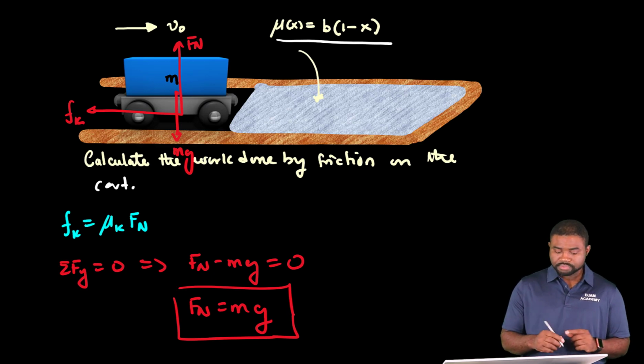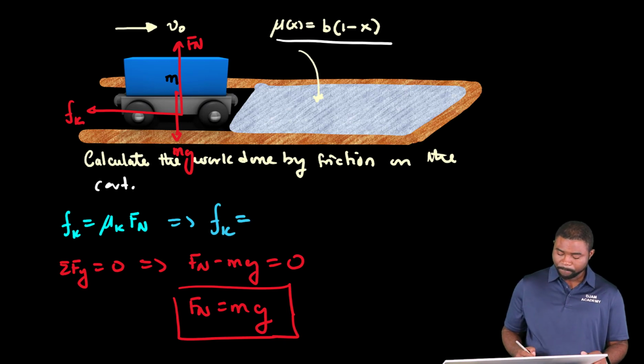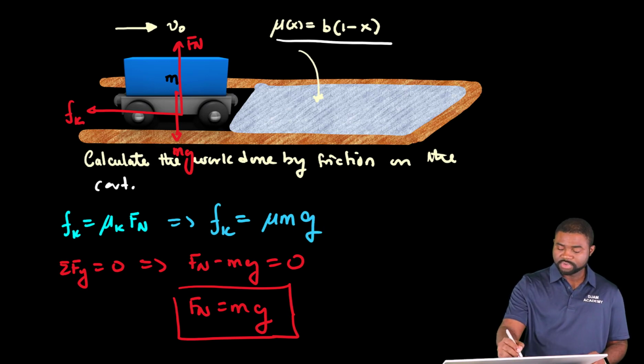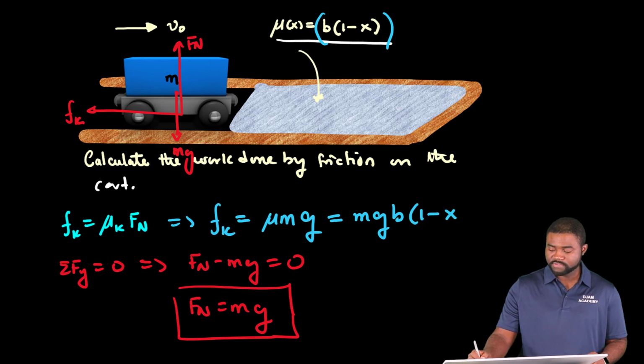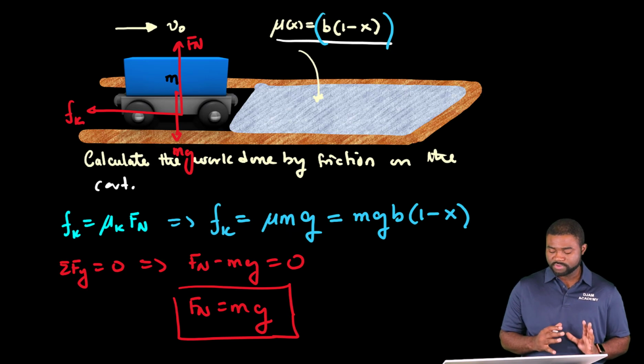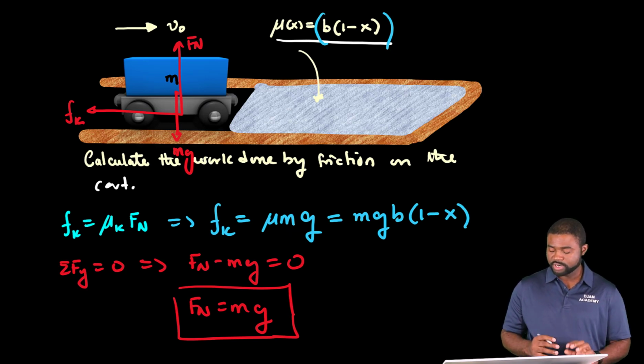Now this would mean that the friction force acting on the car will be equal to mu mg. But what is mu? Mu is given by this expression, so this is just going to be equal to mg b (1 - x).